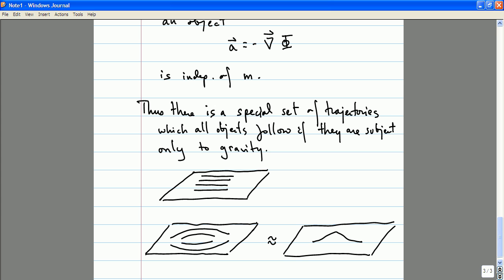So it's important to understand that when I say that I have objects moving on a particular trajectory through a fixed space, that's really only strictly speaking true in the limit where I neglect the mass of the object that I'm studying, at least as far as how it makes space-time curve itself.